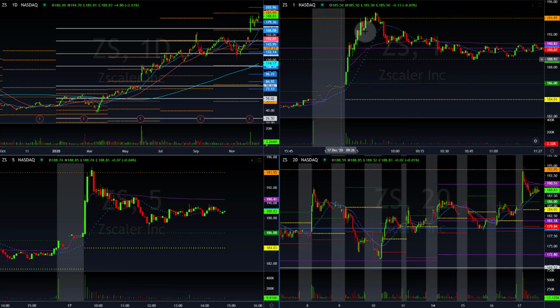After that, it did a small wash, but then ended up crossing over again. The thing about Zscaler, like I mentioned, is how strong the stock is, and there was a grind here. I also neglected to see this part where on the daily chart, that 189.45 level was a pretty good breakout level.